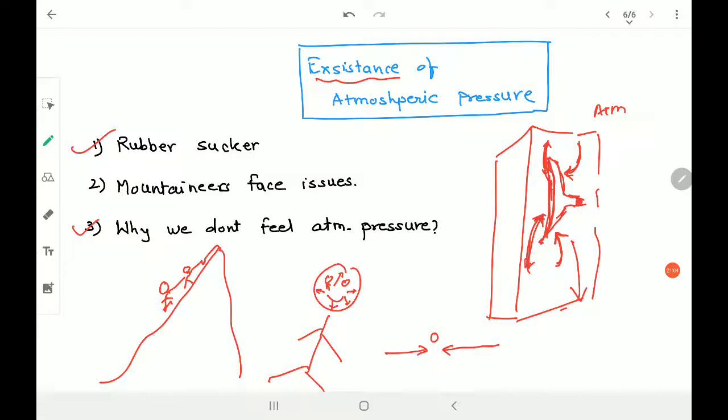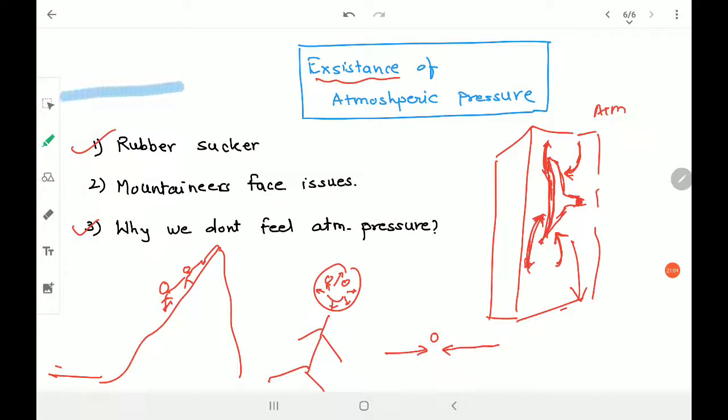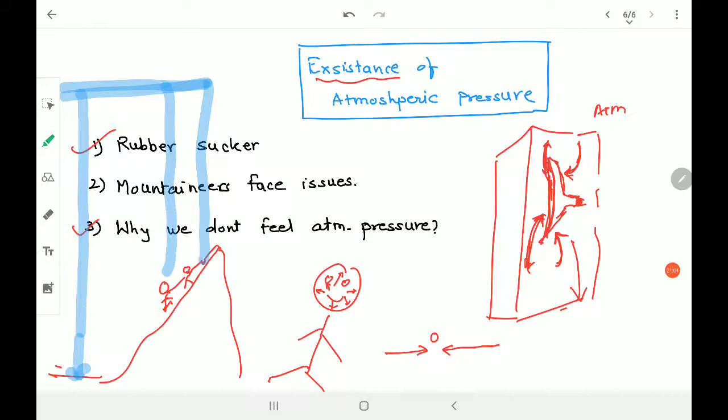When we go to a height, look, the atmospheric pressure, I believe, imagine, here I'll go for it. This is the height when we are here on the ground, and this is the height when the mountaineers or climbers are. So don't you think this height is more than this height?